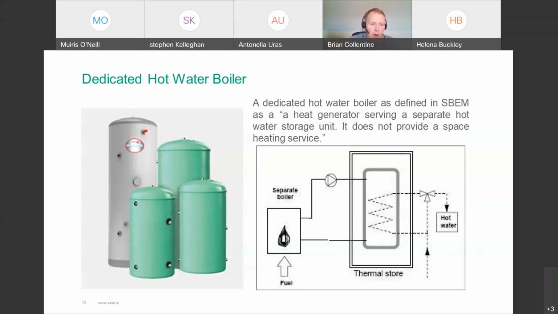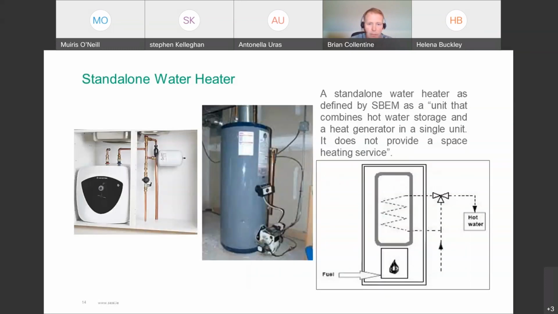So, a dedicated hot water boiler. A dedicated hot water boiler, as defined in SBEM, is a heat generator serving a separate hot water storage unit. It does not provide a space heating service. You can see from the schematic we have a separate boiler serving a thermal store, and hence that's serving the hot water, and there is no space heat demand whatsoever.